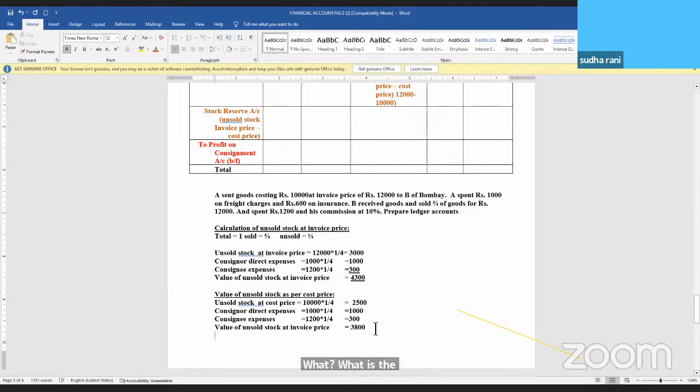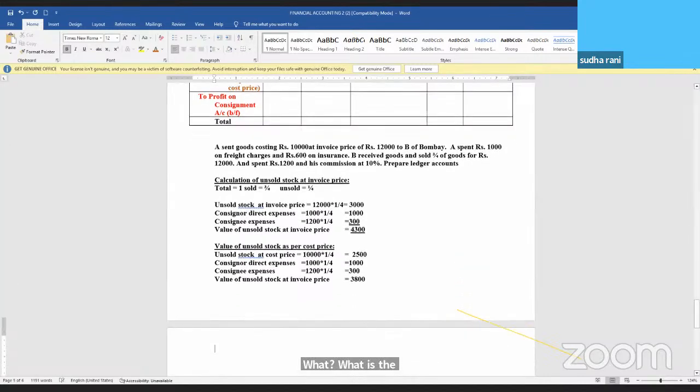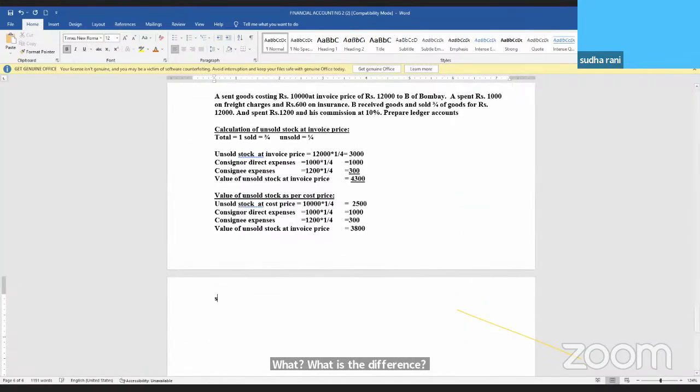Stock reserve ఎంత అయింది ఇప్పుడు? Stock reserve equals to invoice price minus cost price of unsold stock.